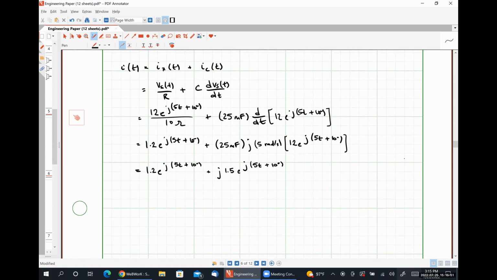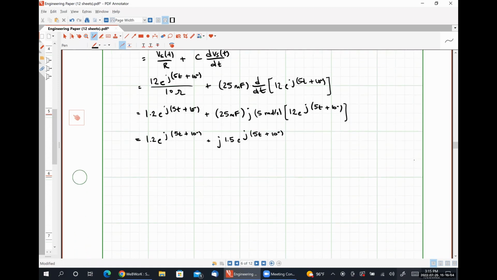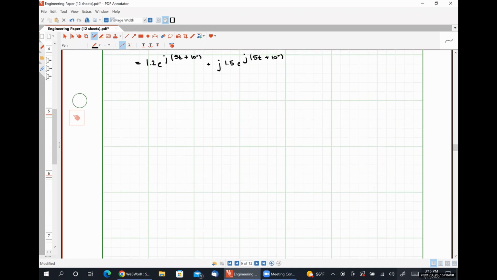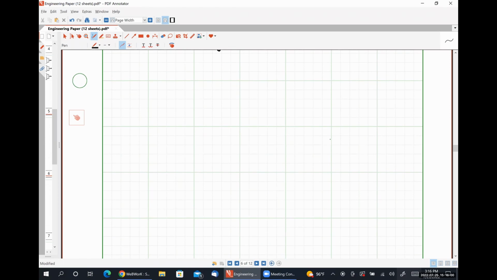Okay, so what I'm going to do here is explain what I'm going to do with that j out front. I'm terrified I made a mistake in my last thing, but it'll be okay. So this is my complex plane. Here's my real numbers. Here's my imaginary numbers.